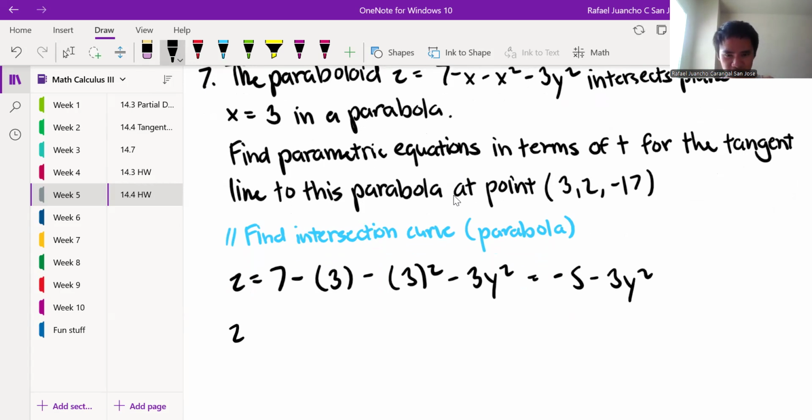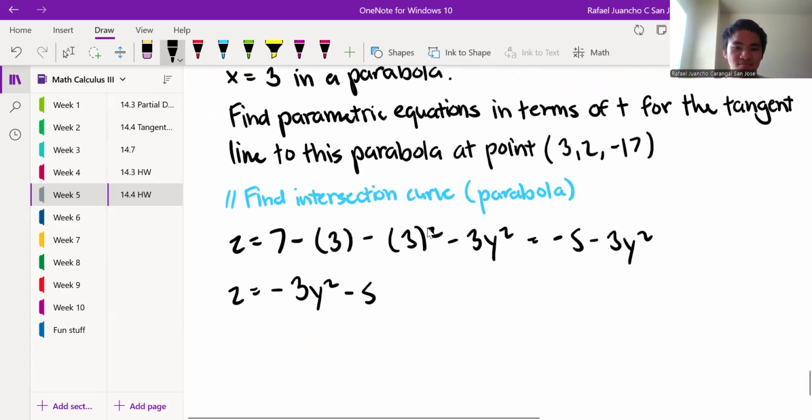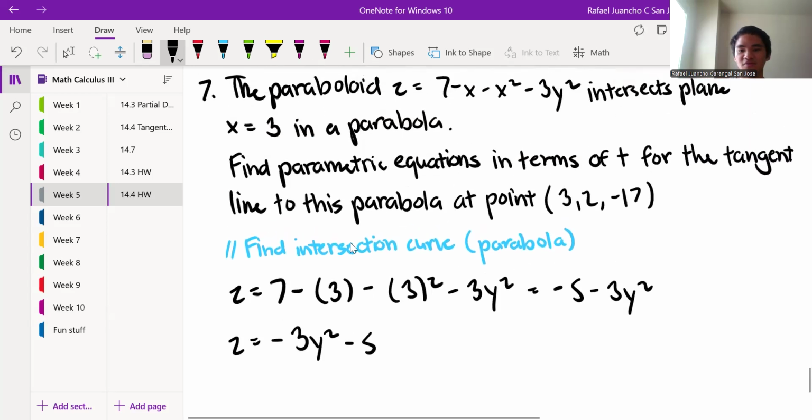So here we have z is equal to negative 3y squared minus 5. That's our trace in the yz plane, or yz perspective of 3D space. Now, how do we find, or how do we parameterize this thing? Now that's the issue.